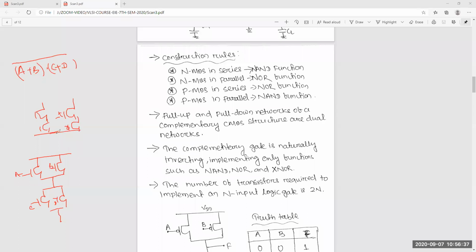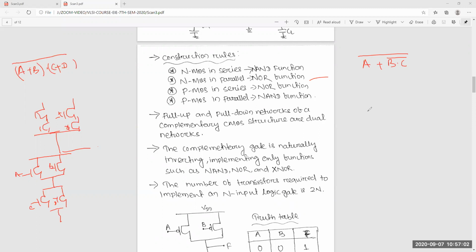Suppose, can I say A plus B into C? So I have a question. If we have a Boolean expression, do we implement the circuit from left to right or right to left?